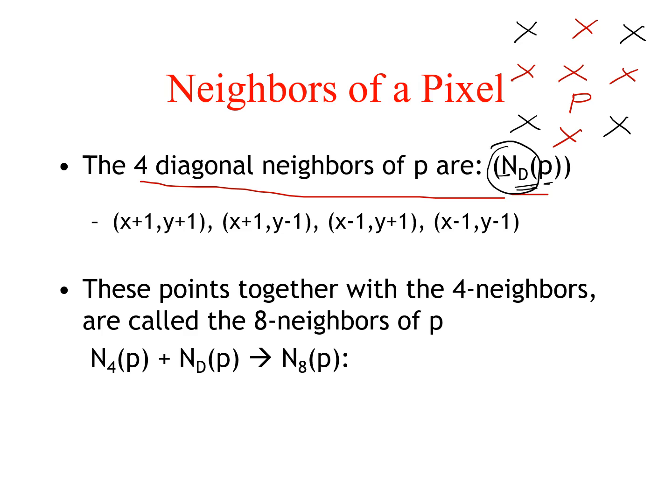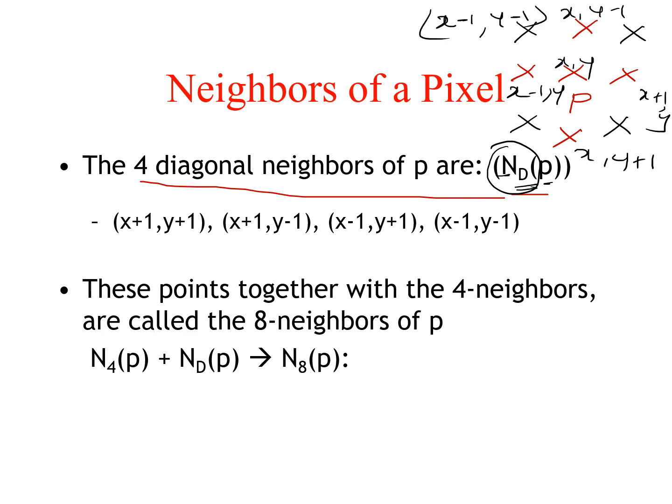And that will be represented as, I said, this is x comma y. So this is x comma y minus 1. This is x comma y plus 1. This is x minus 1, y. This is x plus 1, y. So this will be x minus 1, y minus 1, right?